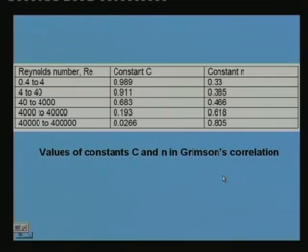If the Reynolds number is between 0.4 and 4, then the constant C is 0.989 and n is 0.33, and if it is between 4 and 40, C is 0.911 and n is 0.385. Like that, for different Reynolds numbers covering a wide range, different values of C and n are given. So, we can use this table to get the values of C and n, then use the correlation and find out the heat transfer coefficient.